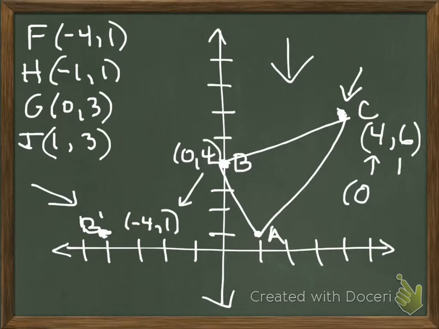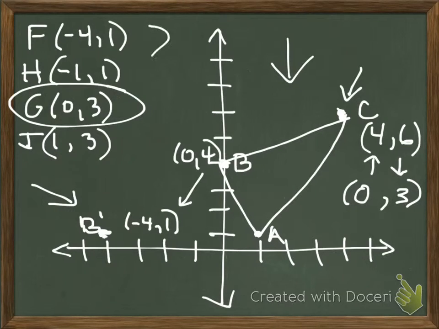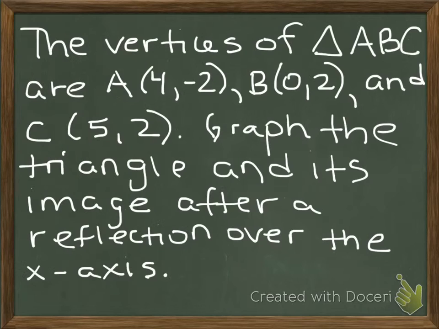And then if you go down 3 spots from the y-coordinate, which is what we did for letter B, we subtract 3 from the 6 to get 3. So our new point for point C should be 0, 3, which I have listed among the possibilities on this part right there. And so letter G was my choice.